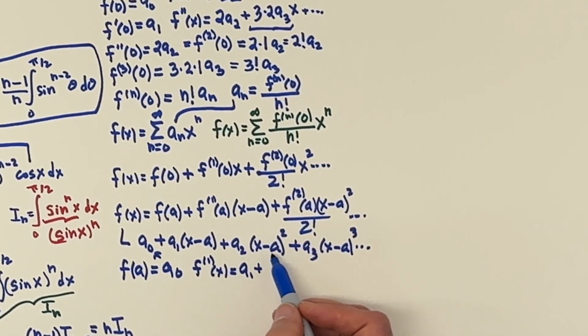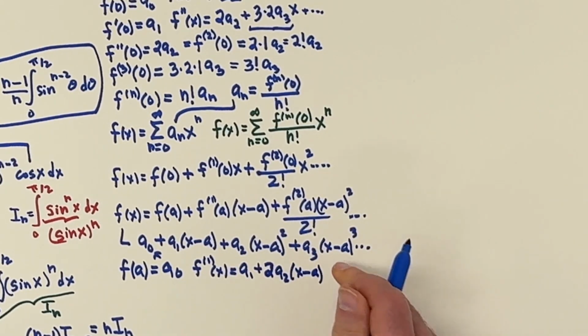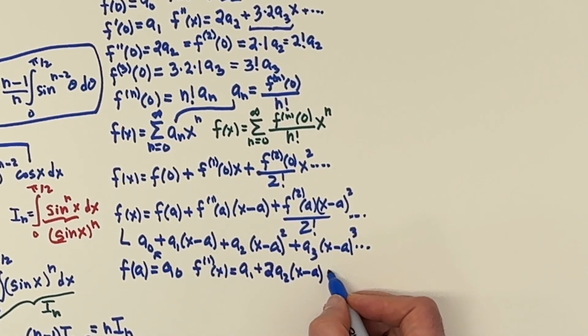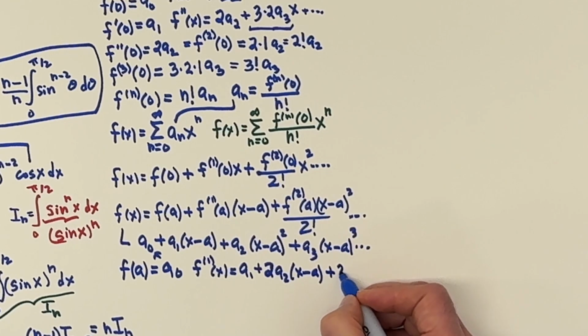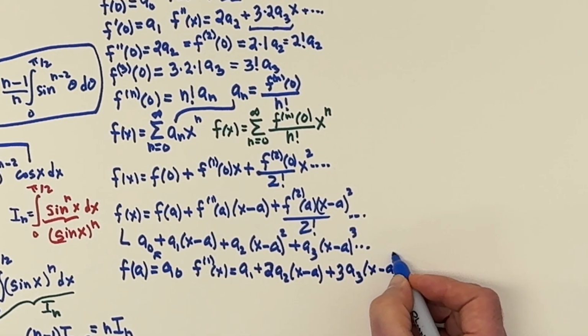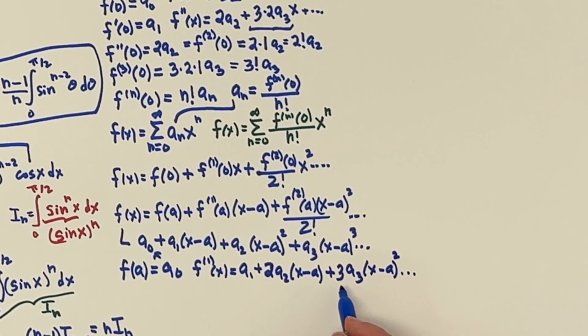Actually, I could do this by using the chain rule. I bring the 2 down, and I have the a2, and then I would have x minus a to the first power, but then I have to take the derivative of what's inside of here, which is going to be just 1, because the derivative of a constant is 0, and dx is 1. And then here, I would bring the 3 down, a3, x minus a squared, and the derivative of what's inside of here is 1. So I'm just showing you specifically that the general case works with the same trick.